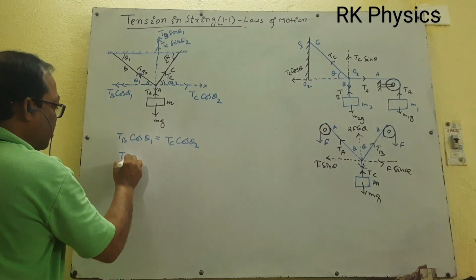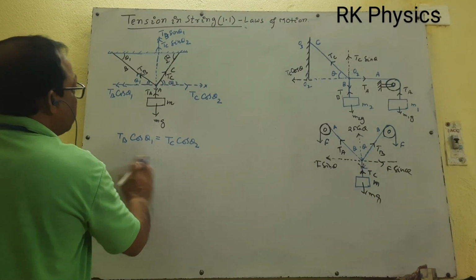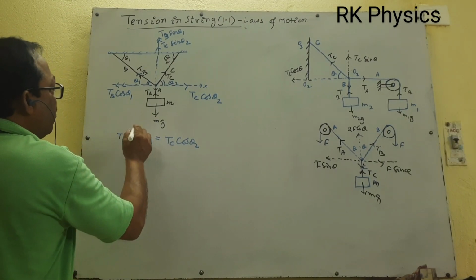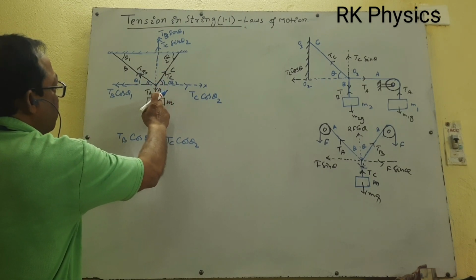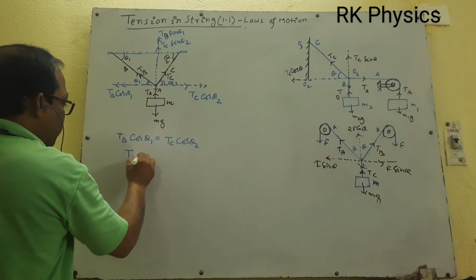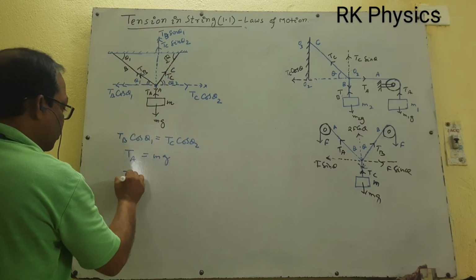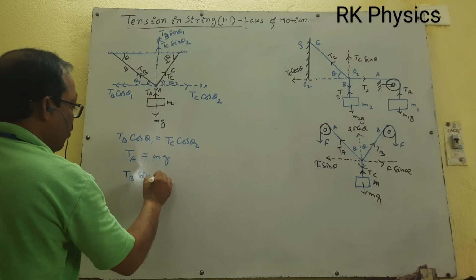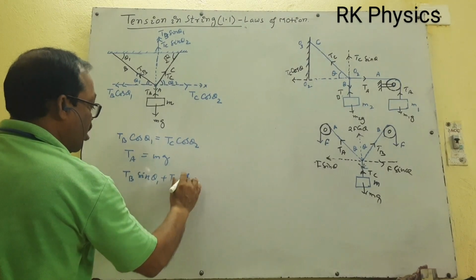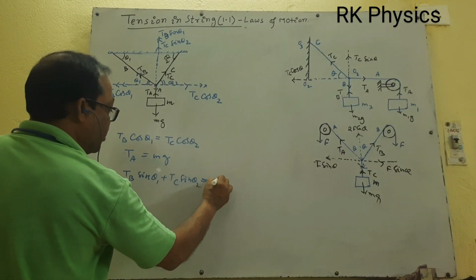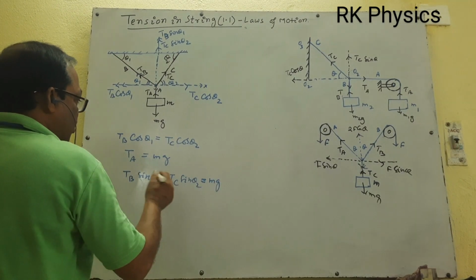Now, what is TA? TA you write mg. No, sorry, TA is not mg. This is the equation, that is okay. From this point, TA is mg. Since this point is in equilibrium, the upward force is TB sin theta 1 plus TC sin theta 2, and this is equal to the downward weight mg, that is TA.